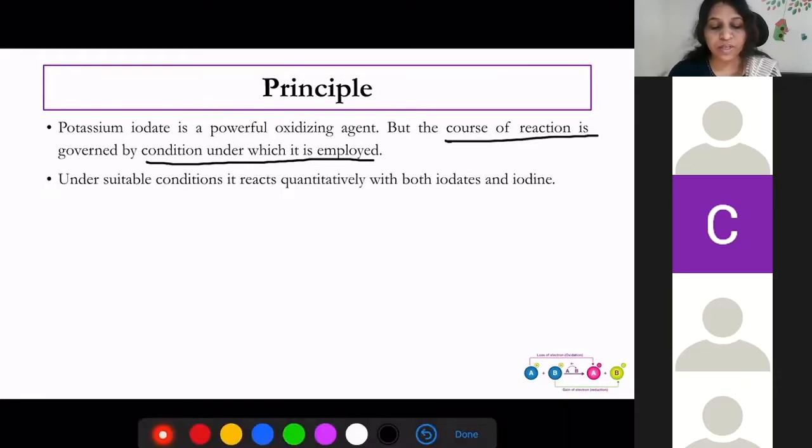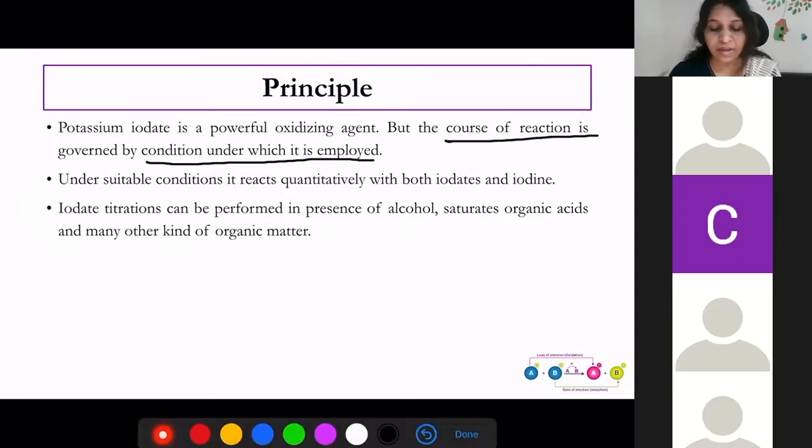Now, under suitable condition, it reacts quantitatively with both iodides and iodine. The iodate titration can be performed in presence of alcohol, saturated organic acids, and many other kinds of organic matter. So this is one of the advantages of iodate titration.